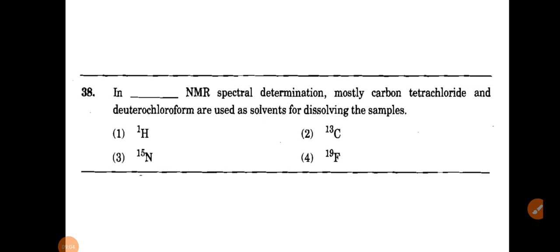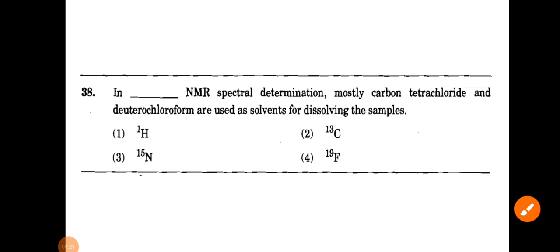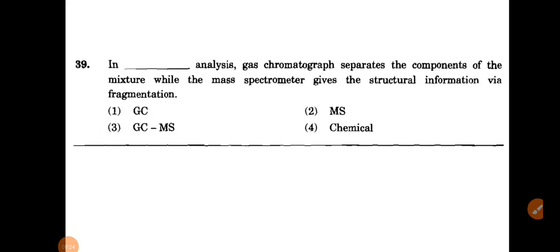What is the option here? That is also a very basic question: CCl4, carbon tetrachloride, and deuterated chloroform, CDCl3. Where are we using this? In the proton NMR, right? I hope these things are very clear to you guys, right?